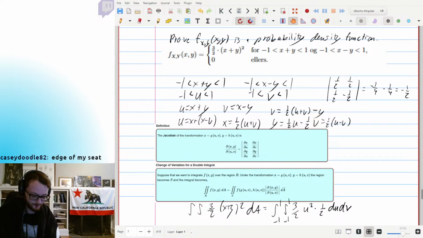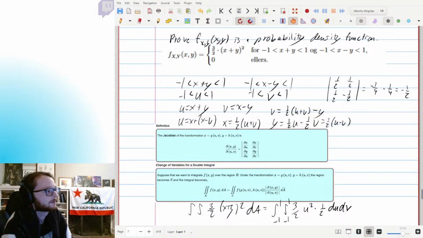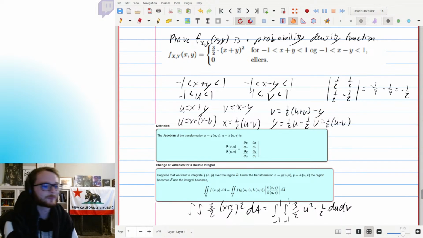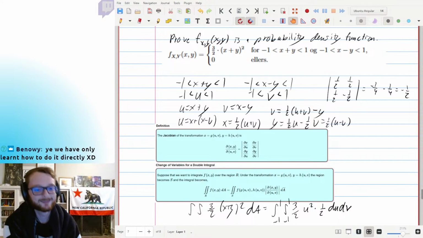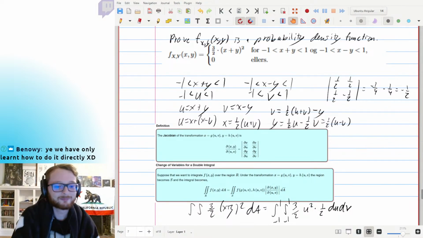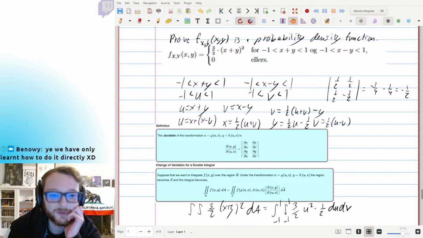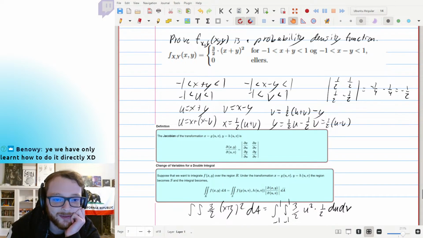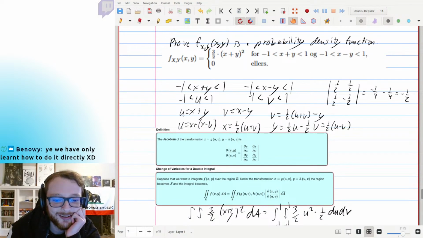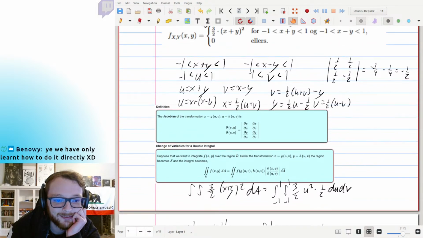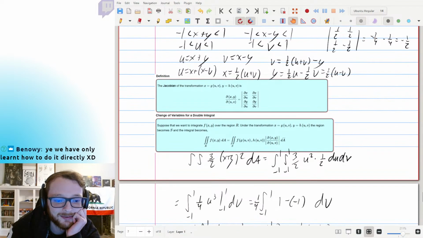It's time. Yeah, I mean, this isn't something they would teach you in a stats class. But they shouldn't expect you to do an integral like this in a stats class. They should let you use a freaking computer.